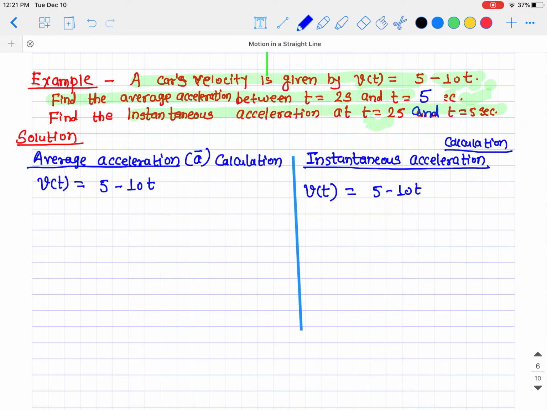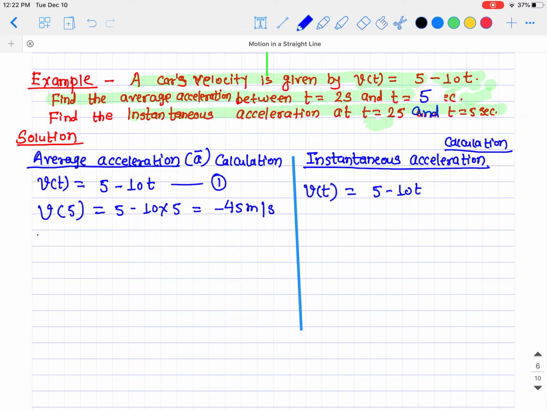So the velocity is given, and then we need to find out the final velocity, or the velocity at the time equals 5 seconds. So just plug in the time equals 5 into this equation. What I get is 5 minus 10 times 5, and it will be minus 45 meter per second.